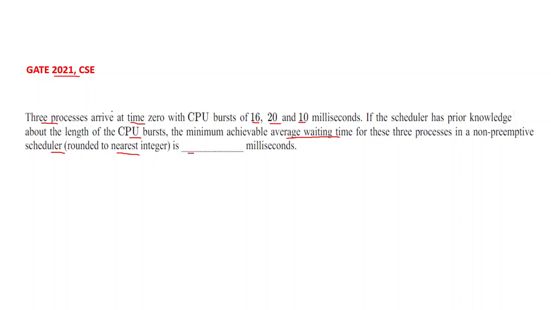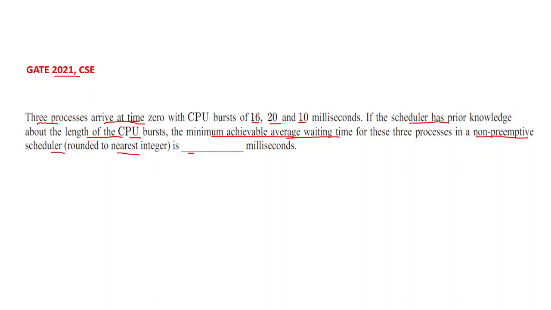Now, in this case, they haven't mentioned which algorithm to apply, but whenever you come across keywords like all the processes arrived at time 0, the scheduler has prior knowledge about the length of the CPU bursts, the minimum achievable average wait time, and non-preemptive scheduler.